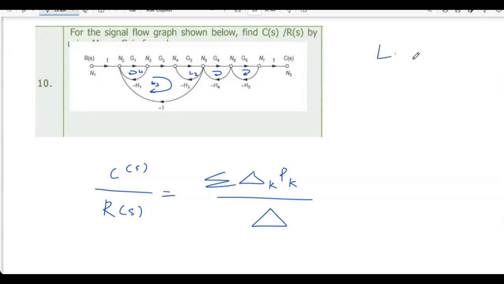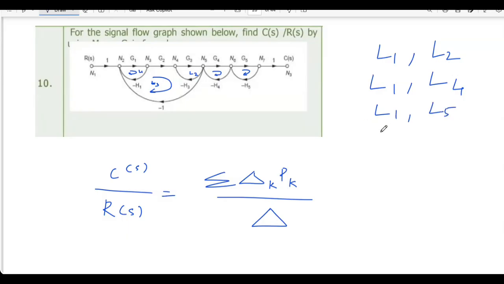How many loops are not touching each other? L1, L2; L1, L3? L1 and L3 are touching. L1, L4; L1, L5. Okay.